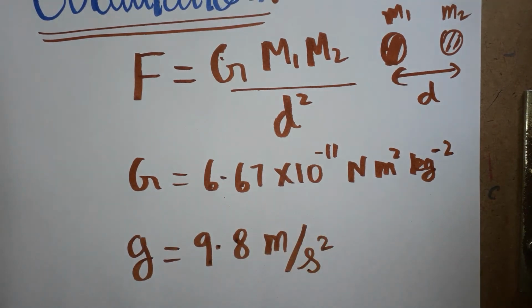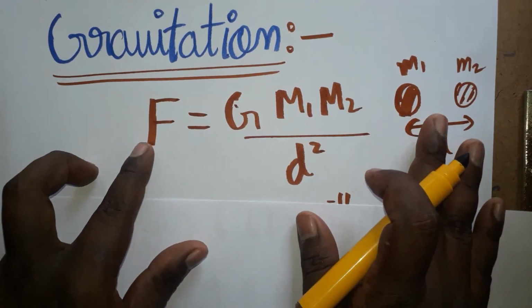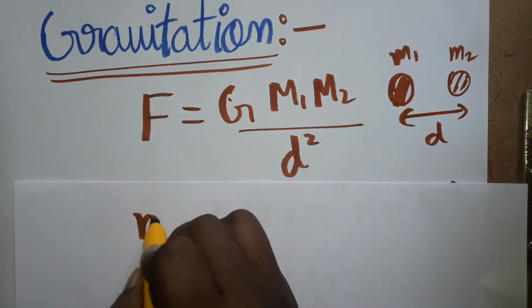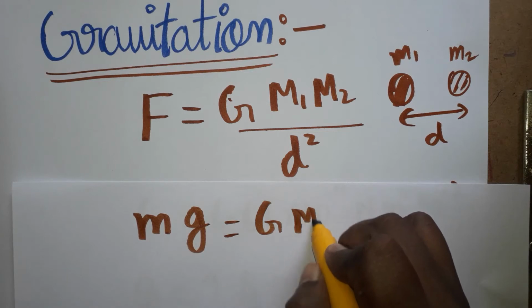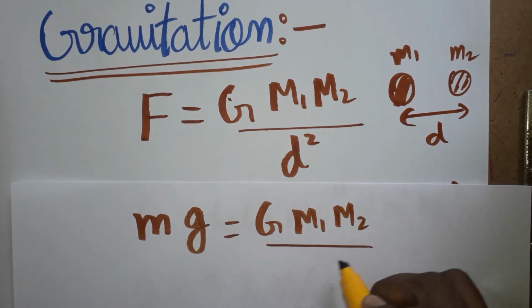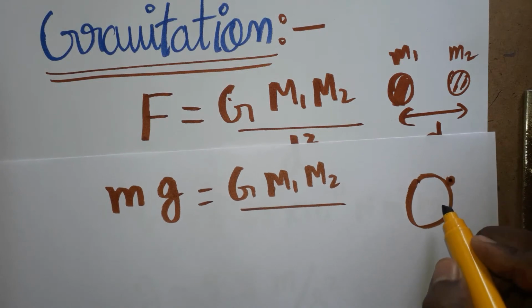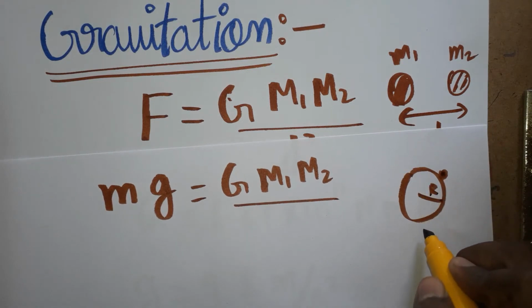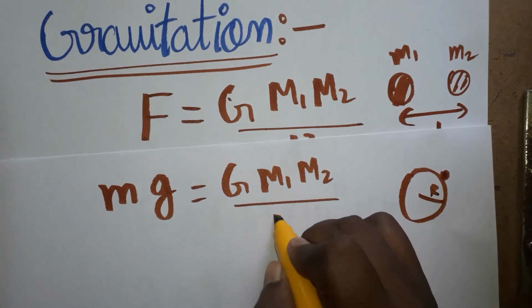The way to find small g: I take F as ma, so mg on the earth is G times m1 m2 divided by the radius of the earth squared. I consider one apple on the earth's surface. R is the radius of the earth, m1 is the mass of the earth, m2 is the mass of the apple, so radius square.